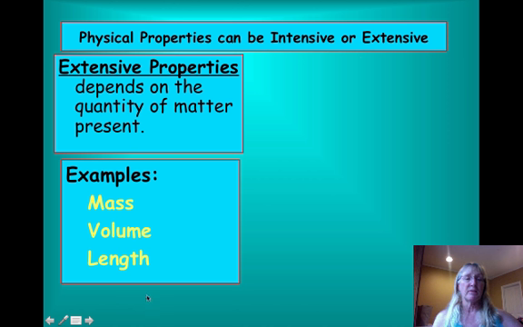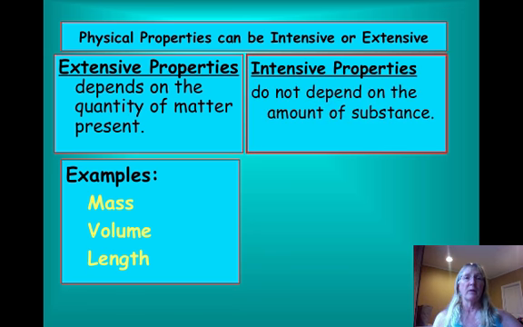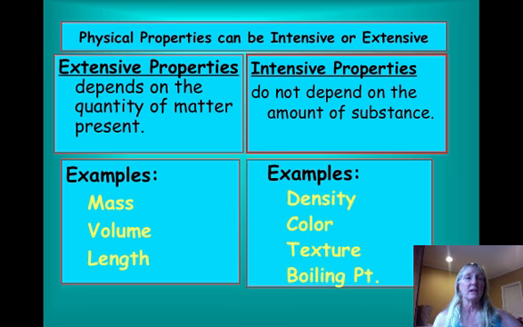So extensive properties do depend upon the quantity of matter that is present. Therefore, the opposite would be true. Intensive properties do not depend upon the quantity of matter present, and examples of intensive properties would be things like density, color, texture, or boiling point.